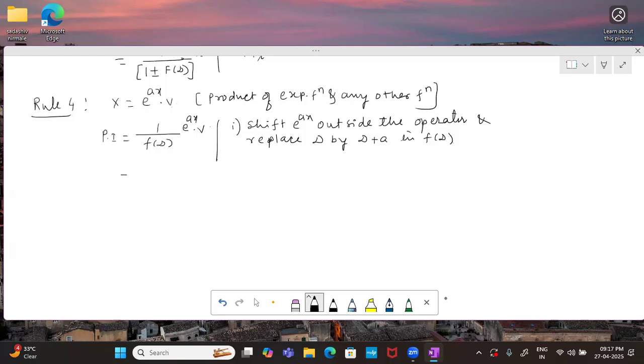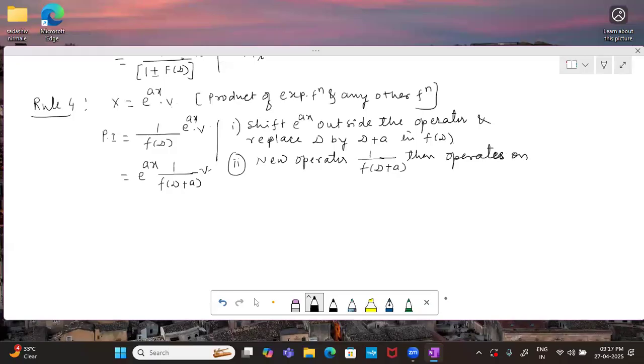It means you write this in this form, e raised to ax, and at the same time D is replaced by D plus a, operating on V. In the second step, the new operator 1 upon f of D plus a then operates on V. That is the second step.